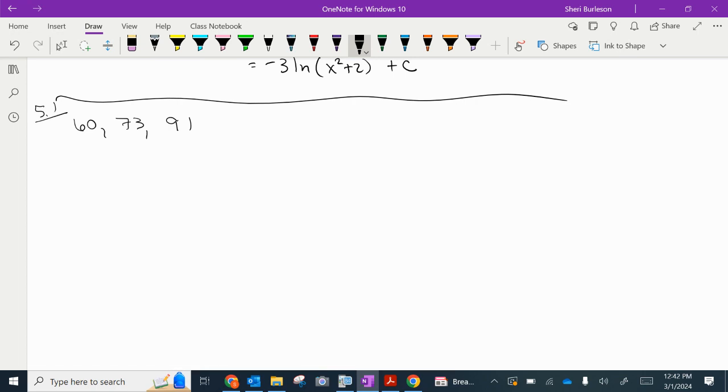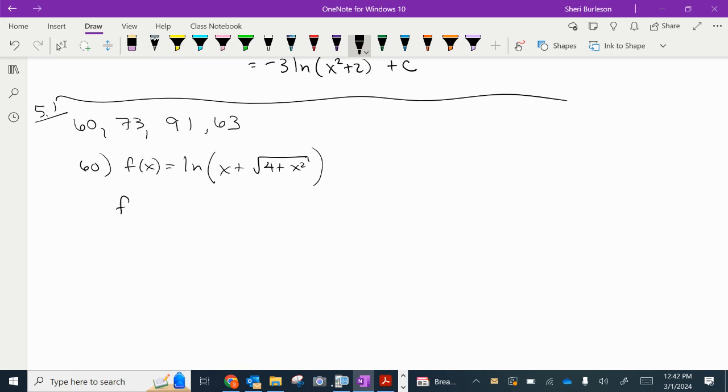Any others from the previous assignment? Okay, 60 was f of x equals the natural log of x plus root 4 plus x squared, right?